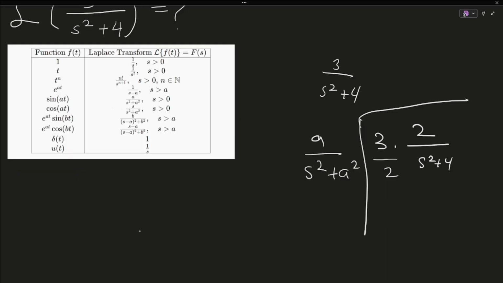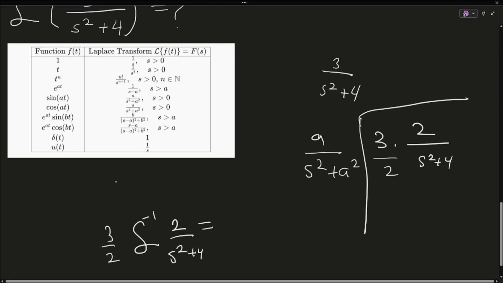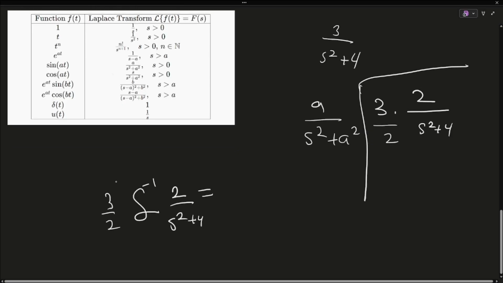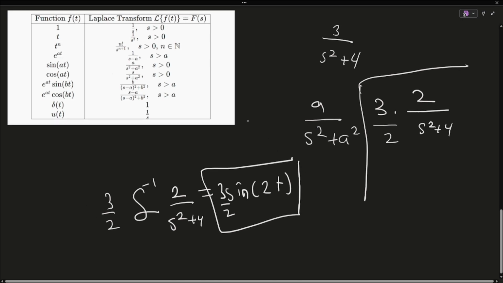So for the inverse Laplace, I'm going to pull out that 3 over 2, and you will have 2 over s squared plus 4. If you take a look at the table, you're going to get sine of 2t, but don't forget your constants. You're going to have 3 over 2 sine of 2t, and that's your inverse.